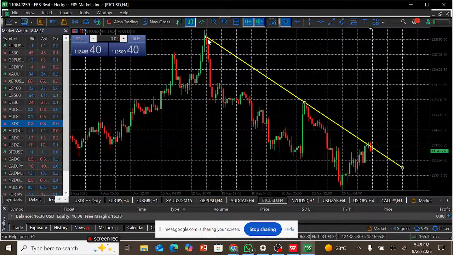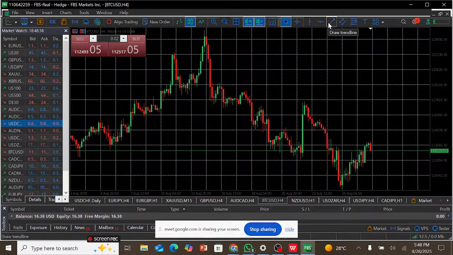Because the market is going down and comes back to test the trend line. But first of all, before I go very far, let me show you how to draw. We have a tool here called a trend line. We use it to draw a trend line so that we can know when the market will retrace, and to what extent.